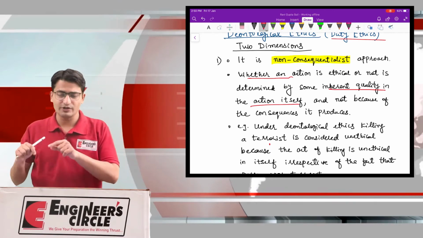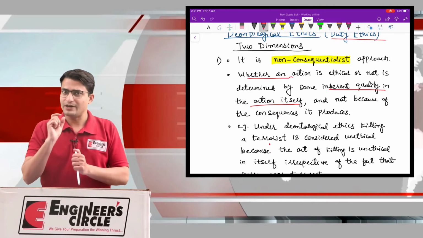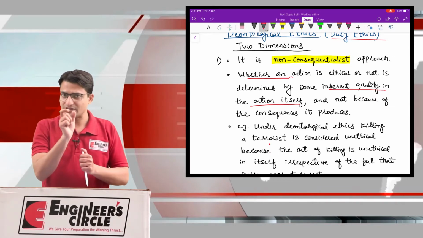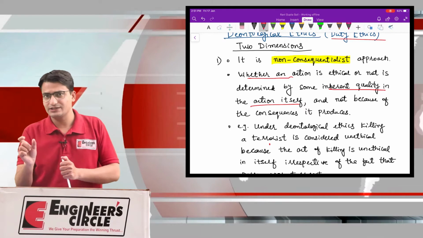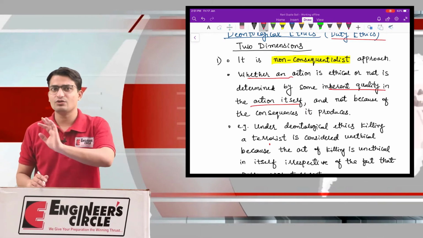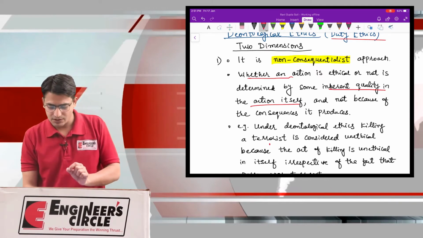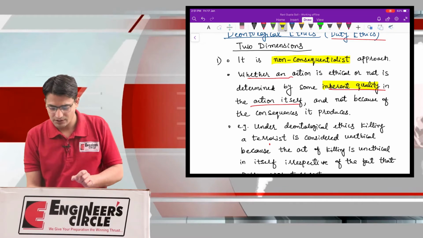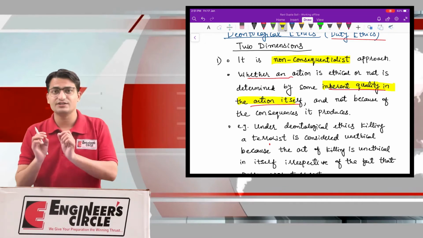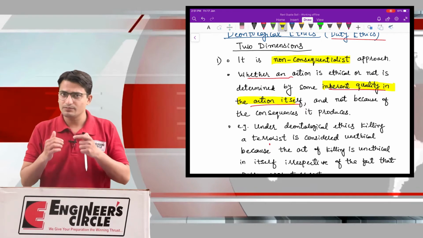Now we are talking about deontological ethics, duty ethics. It is saying that my action being ethical or unethical is not decided by the consequences or end result, but it is determined by the inherent quality in the action itself. So here it is not talking about the person.